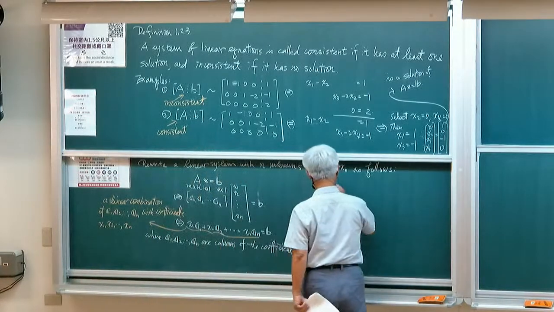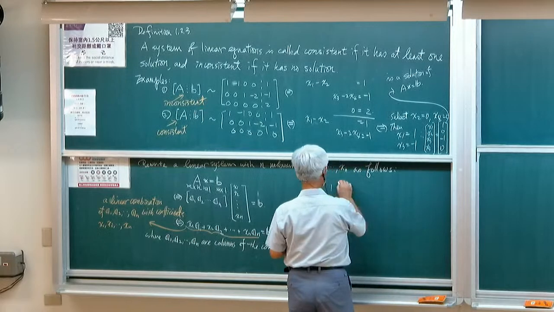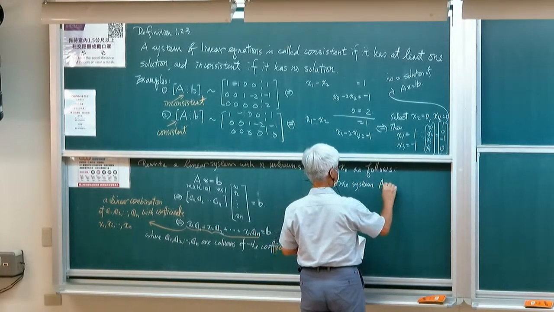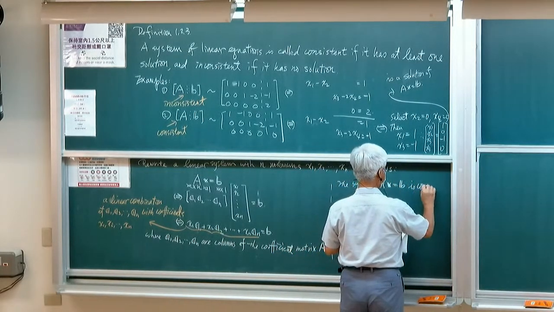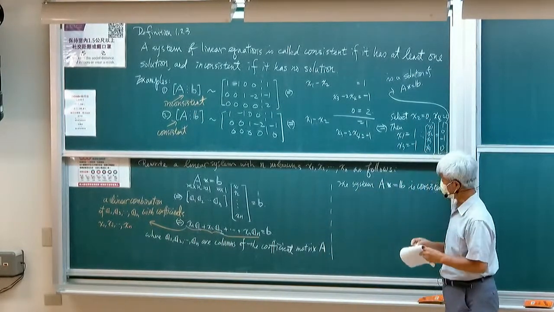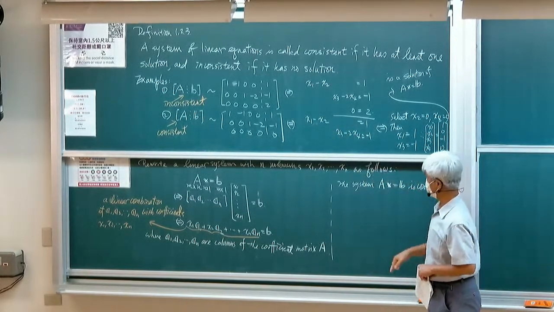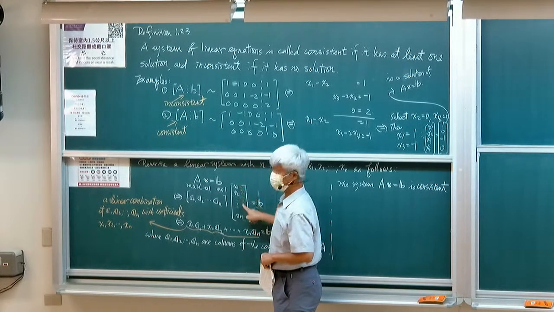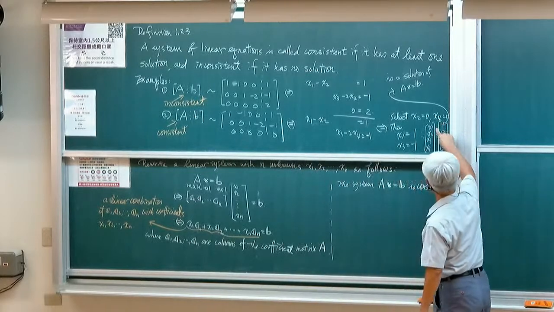So now the system Ax equals b is consistent. By our definition, that means we have a solution, so we can find particular specific values for the unknowns, just like here.